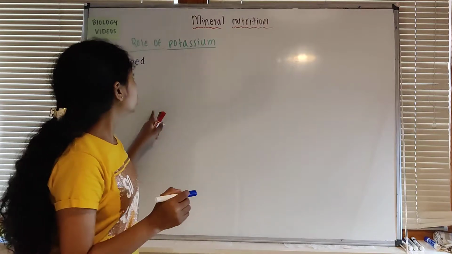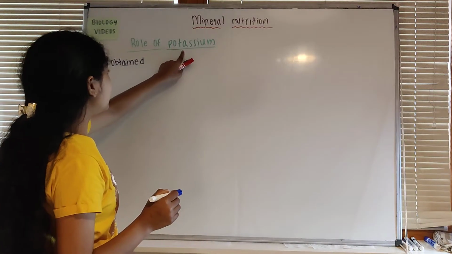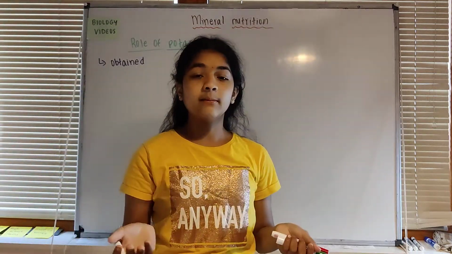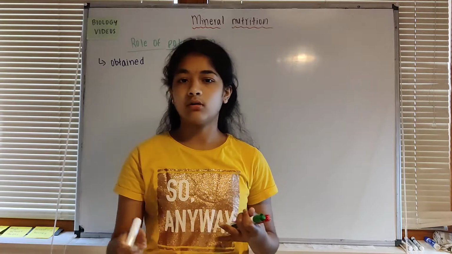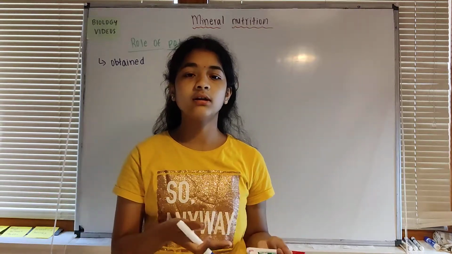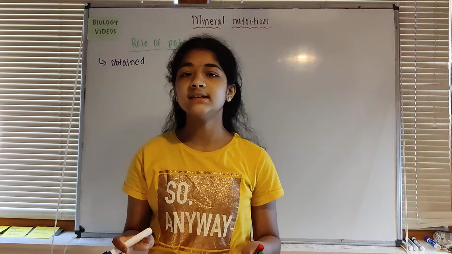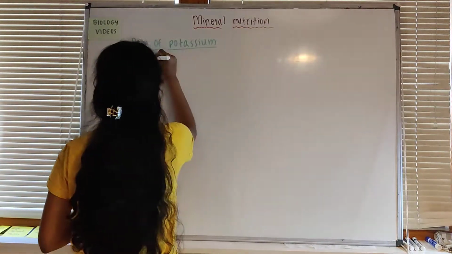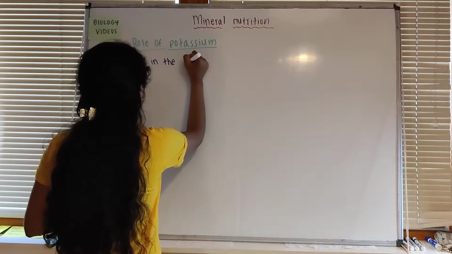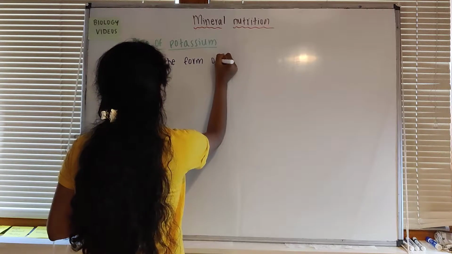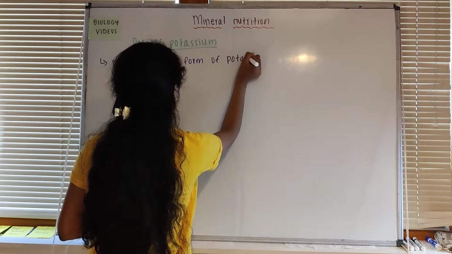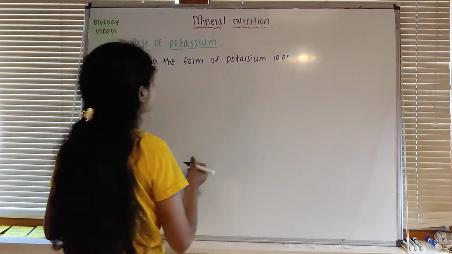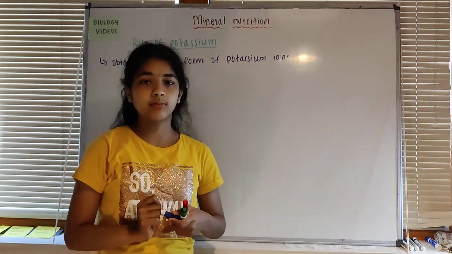Whatever the element is, like zinc or boron or phosphorus or nitrogen, all of these are absorbed in the ion form of the element. So this element is obtained in the form of potassium ions, absorbed by the roots.